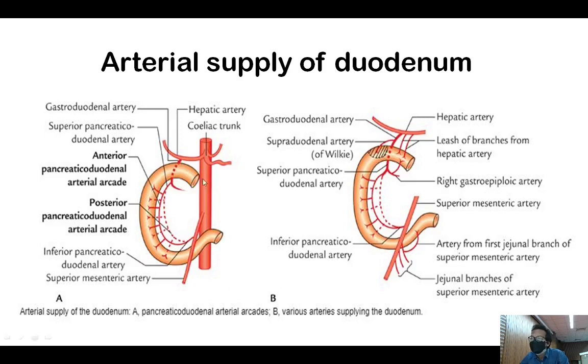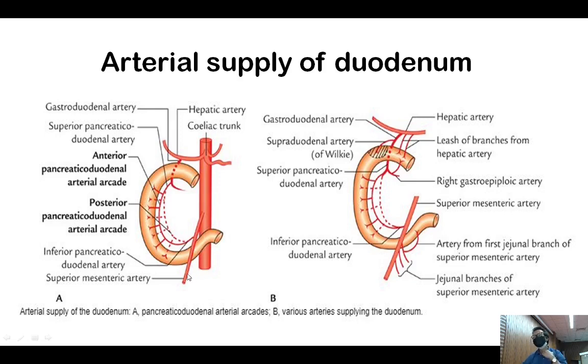And again, you can see down from this abdominal aorta, you will have a superior mesenteric artery. This superior mesenteric artery will give rise to one artery which is known as the inferior pancreaticoduodenal artery. So these arteries will give blood supply to the duodenum.